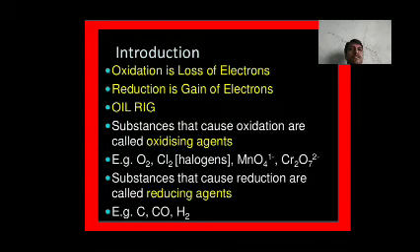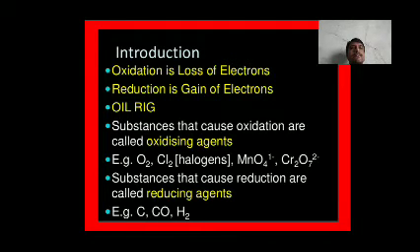Introduction. Oxidation is loss of electrons. Reduction is gain of electrons. OIL RIG.